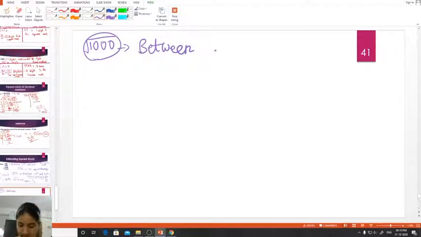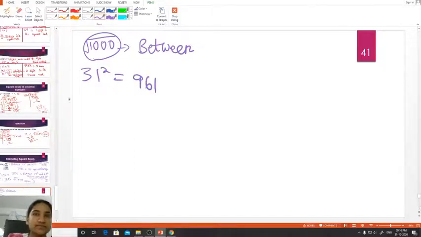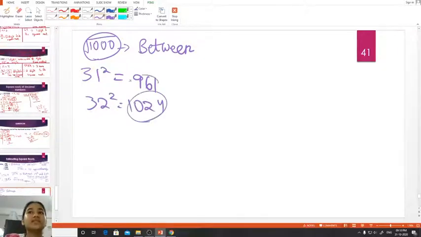No, so it's 1000, right? What's your 30 square? 900. What's your 31 square? 31 square is 961. Right. And what's 32 square? It's 1024. That means it's going to lie between these two numbers.